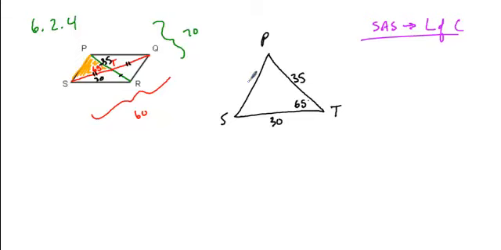So if we find PS first, we'll call this T. So we can set up the equation: T squared is equal to the sum of the squares of the other two sides minus twice the product of those sides times the cosine of the angle opposite T. And so we can solve for T here.